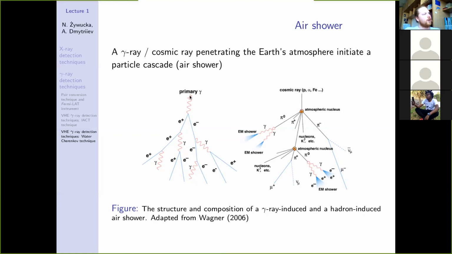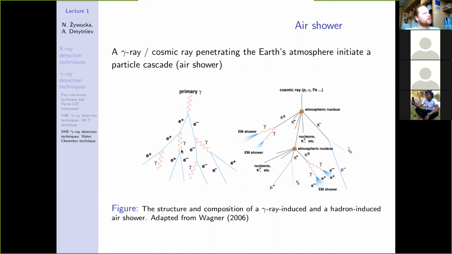And these gamma rays interact with a nucleus, producing electron-positron pairs in the Coulomb field of a nucleus. The approximate length of one generation, meaning a gamma ray propagates until it produces a pair, is around 1 kilometer, but it varies.